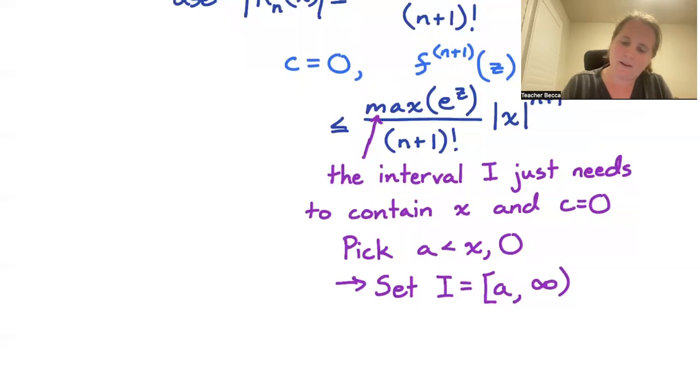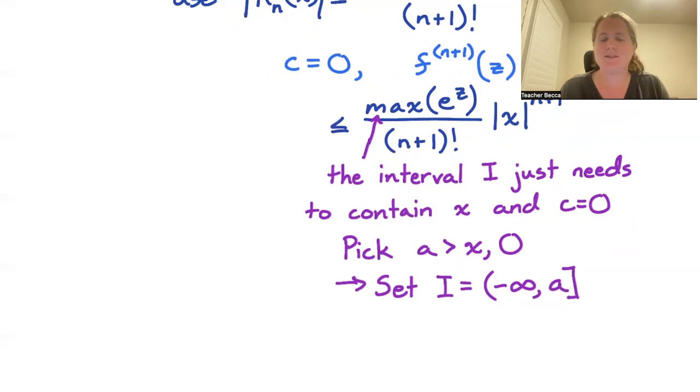Sorry, I want to pick a greater than. I keep thinking of e to the negative x. So let's swap what I just said. For e to the x, we should pick I that goes from negative infinity up to a, including a. Sorry about that.